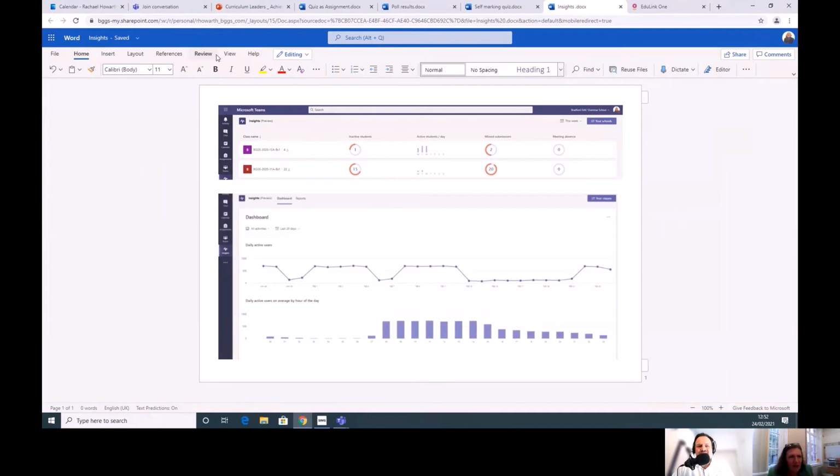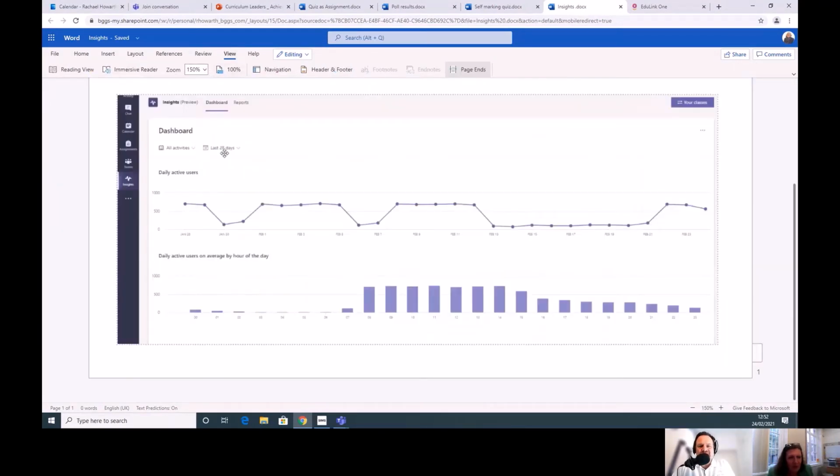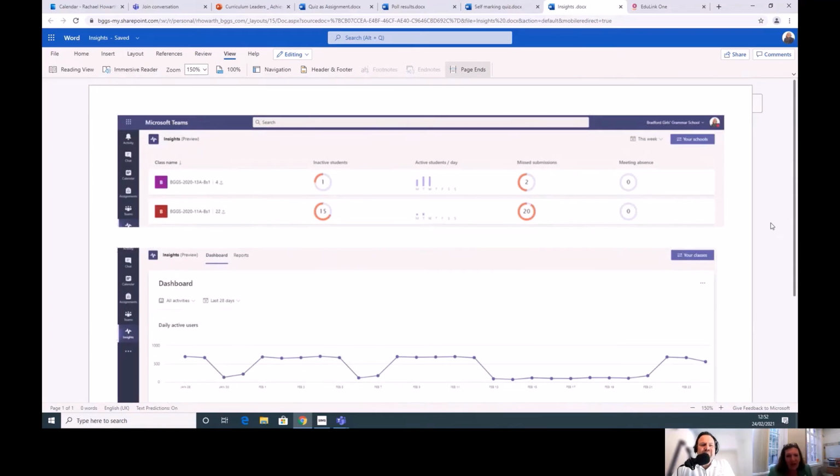Again, I'll make it slightly larger so we can have a look at both parts. So the teacher would use the top part. I've actually screenshotted two parts. They're in separate screens. You can see at the top there's your screens and your classes. So the top one is showing my classes, and that gives you an insight as a teacher into what's happening in that particular class.